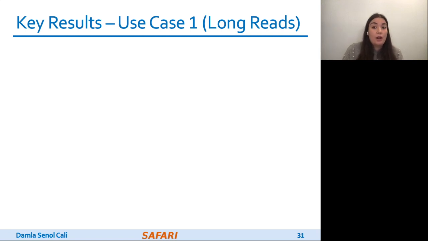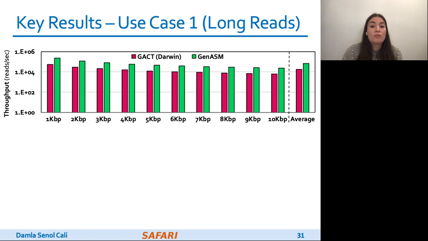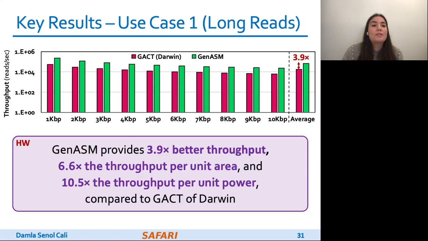Compared to Darwin, which is a state-of-the-art long-read alignment accelerator, GenASM provides 3.9 times better throughput, 6.6 times better throughput per unit area, and 10.5 times better throughput per unit power.